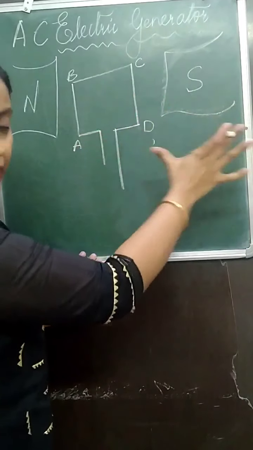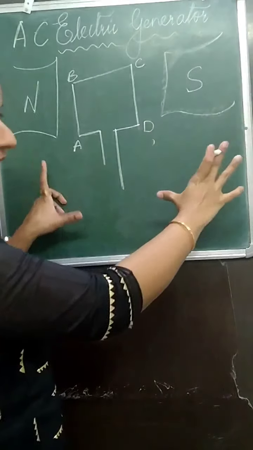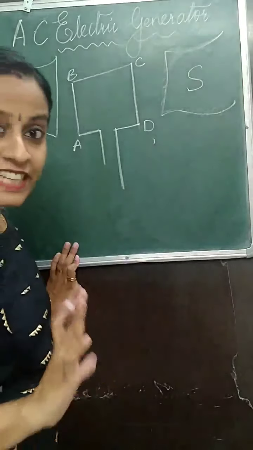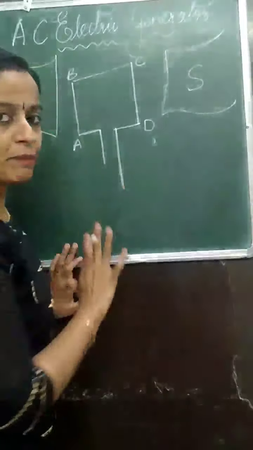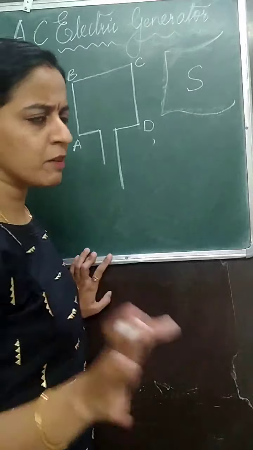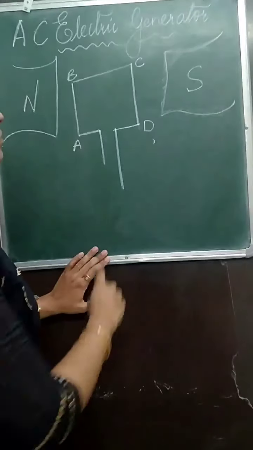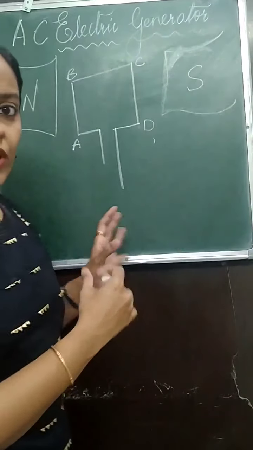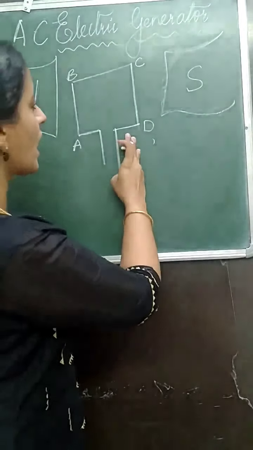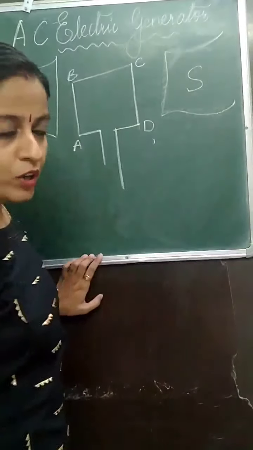The coil is placed between two poles of a magnet. Now, a strong magnetic field is created. If I keep the coil this way, nothing will be induced, no electric current will be induced. I have to bring a few more attachments. So, this is the armature coil, and these are strong magnets.